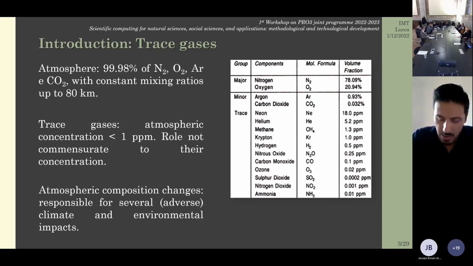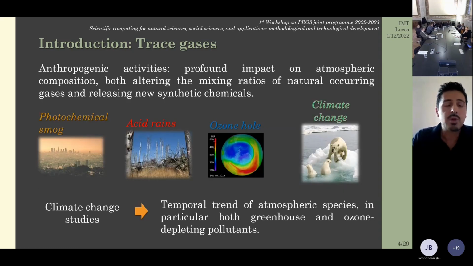Indeed, they are responsible for several climate and environmental impacts. In particular, anthropogenic activities have a huge impact on the atmospheric composition, both altering the mixing ratios of naturally occurring gases and releasing new substances.